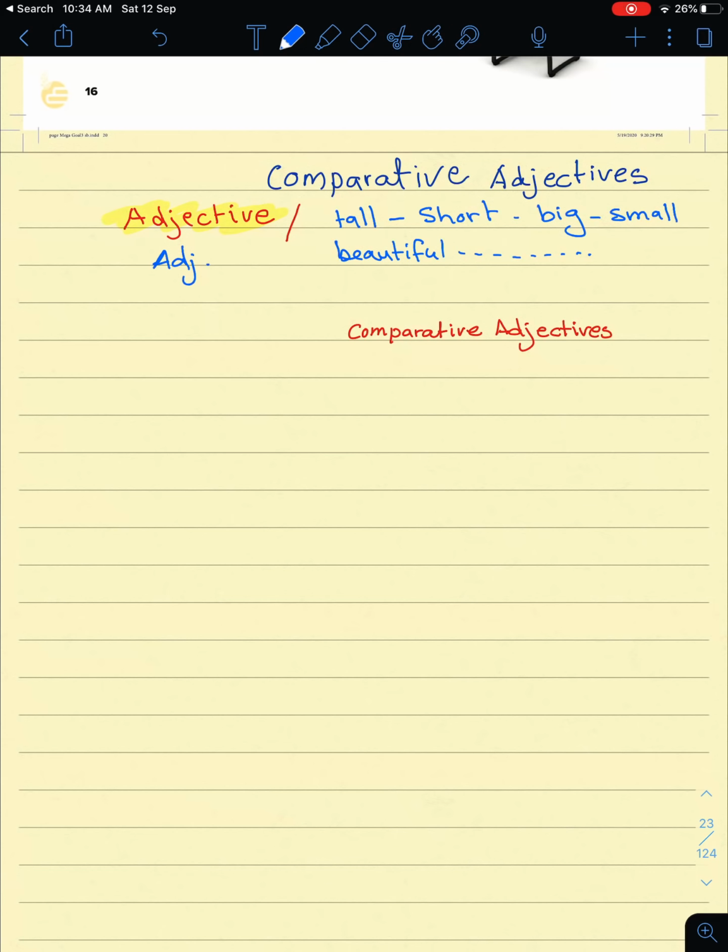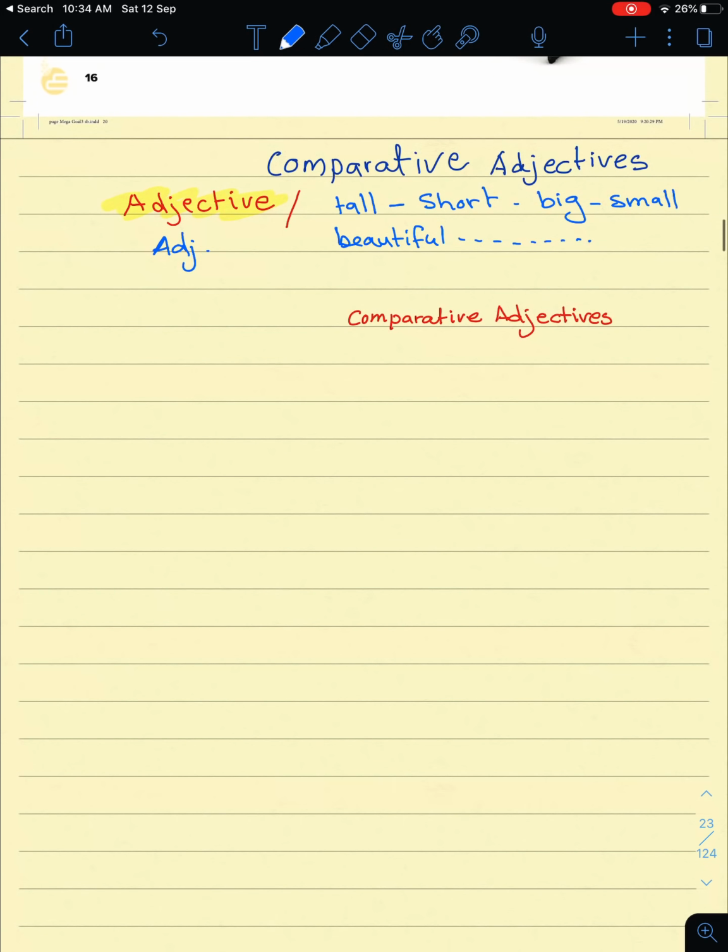Comparing معناها مقارنة. But we have something which is called comparative adjectives and superlative adjectives. What is the difference between them? Comparative adjectives is used when we compare 2 things or 2 people.